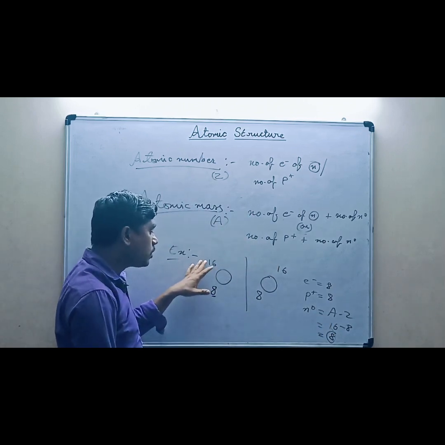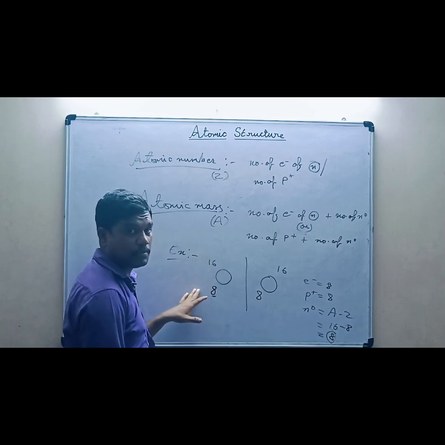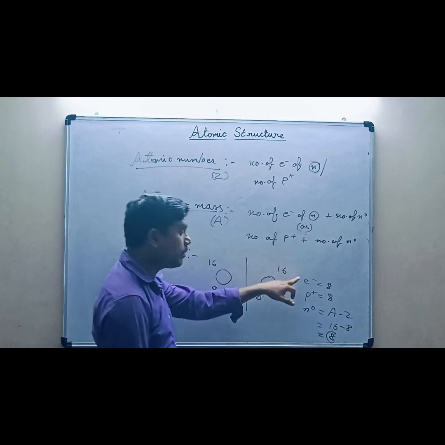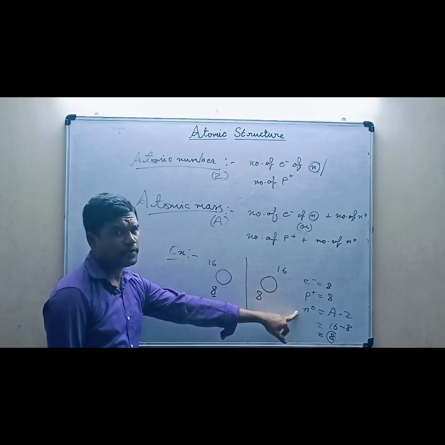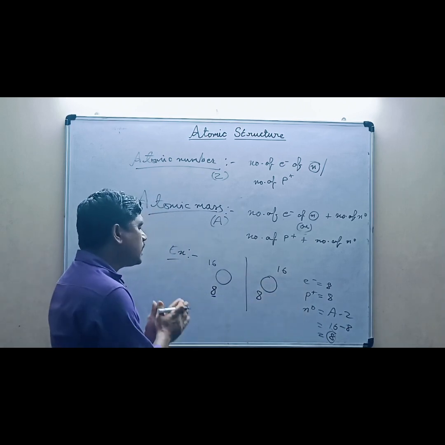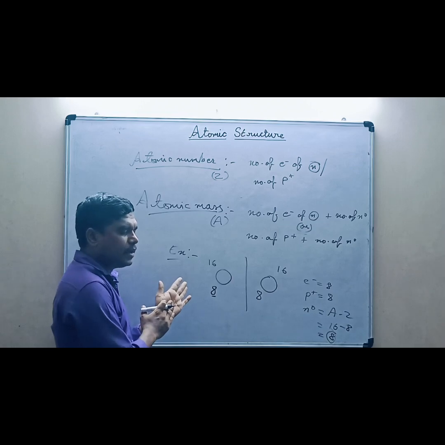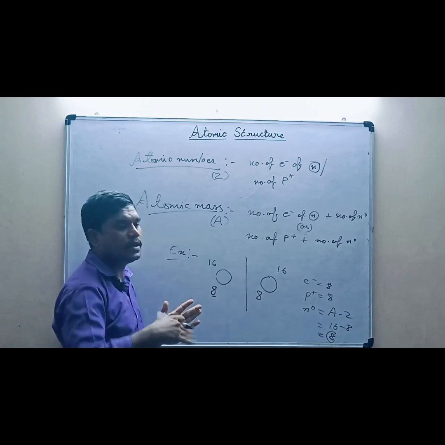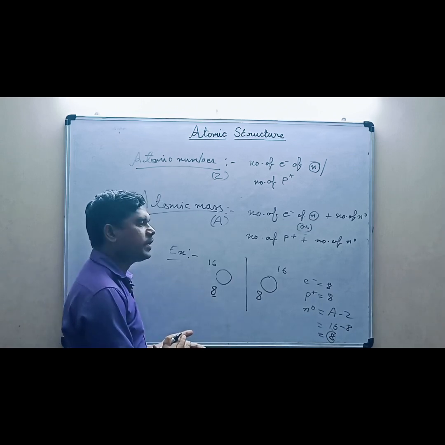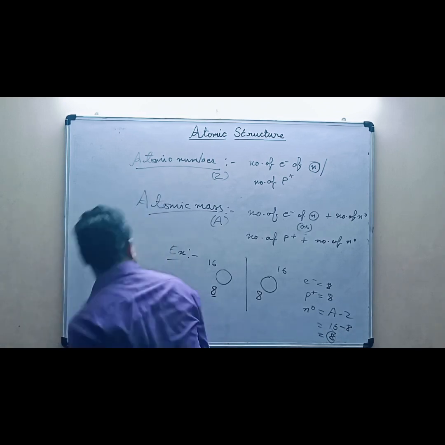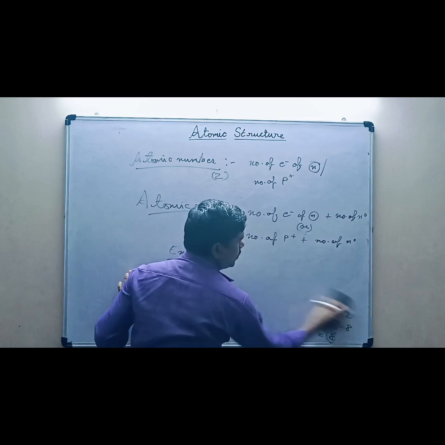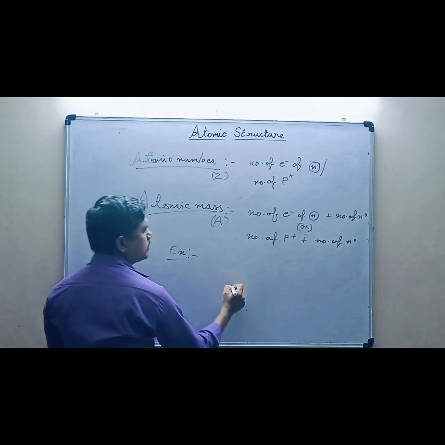So by knowing the atomic number and mass number of an element, we can find the number of electrons, protons, as well as neutrons. Don't think that if we double the atomic number, we get the mass number. It's not the same for all. For example, sodium has different values.